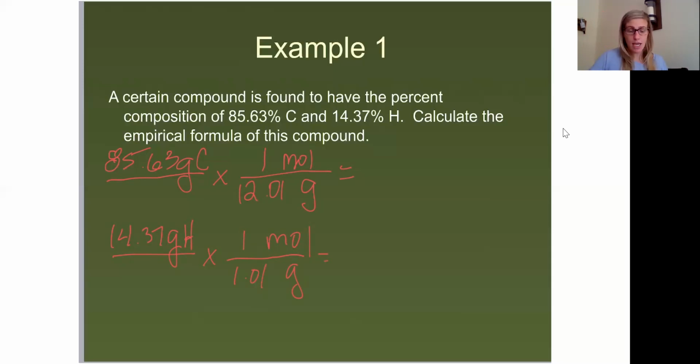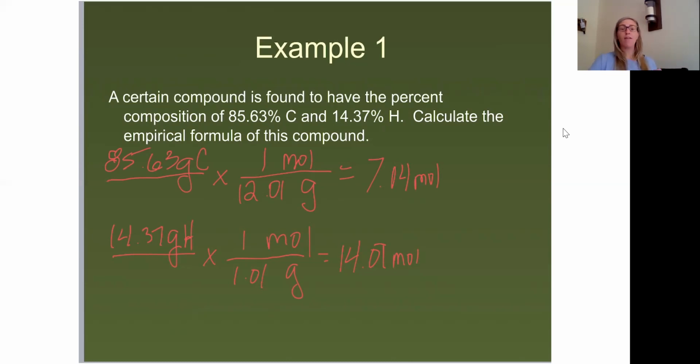In this case, 14.37 divided by 1.01 comes to 14.07 moles, and 85.63 divided by 12.01 comes to 7.04 moles. That is step number 3.